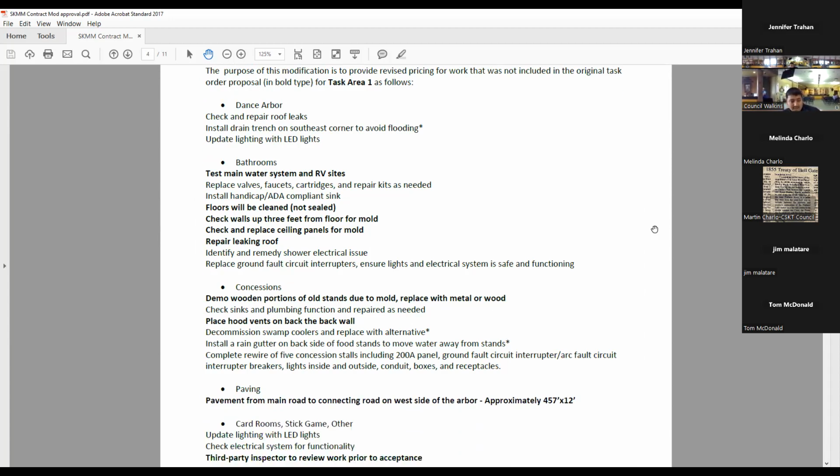All the bolded line items there are ones that we have prices for that we're adding to the current task order. All of these were included in the original task order, but the ones that are highlighted didn't have price items attached because at the time we signed it, we didn't have any numbers in yet. Now that we have all the numbers packaged together, we're requesting the price increase to incorporate those new numbers, if that makes sense.